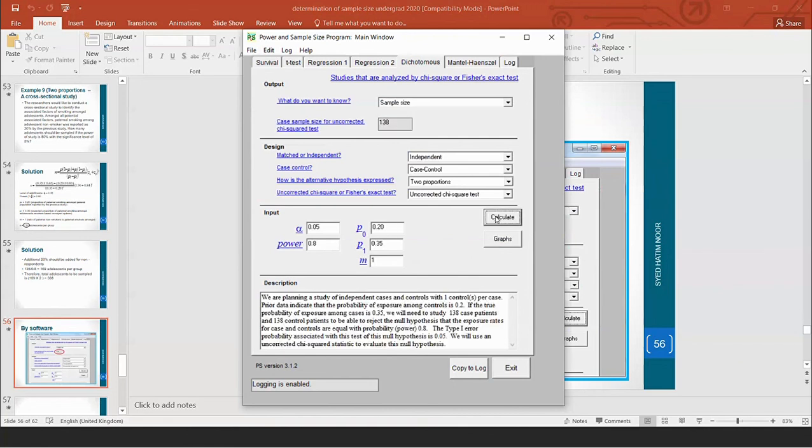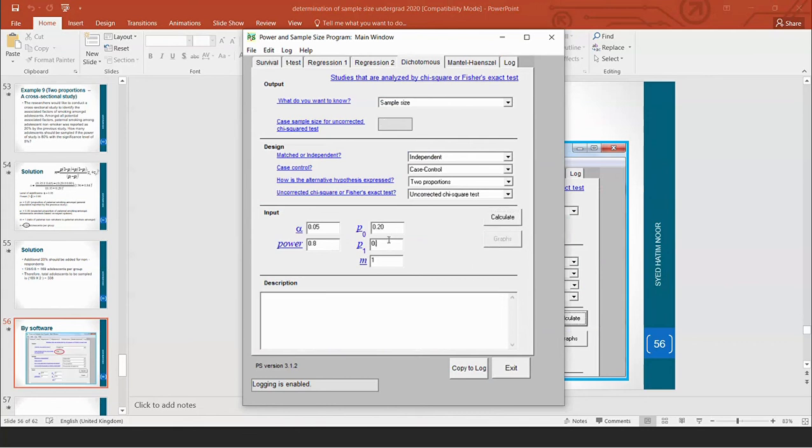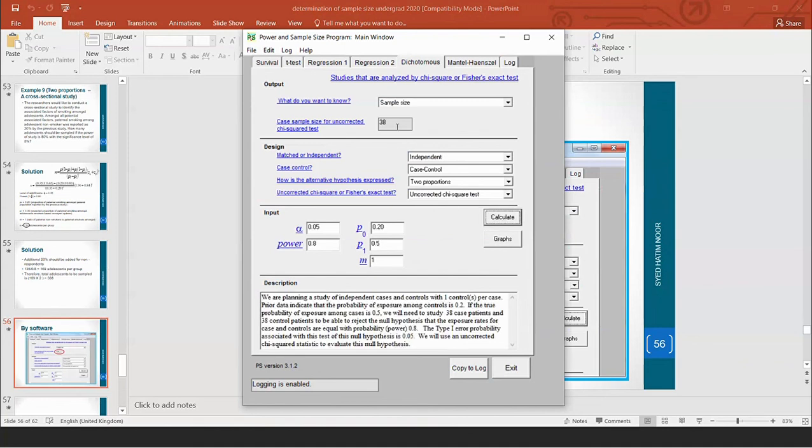So calculate. Now say I want to increase P1. That means the detectable difference between P0 and P1 will be bigger. If I increase, for example, to 50%, your sample size will be very small. Remember our formula, the difference down there? If the difference is big, your sample size will be small. So be careful a bit.